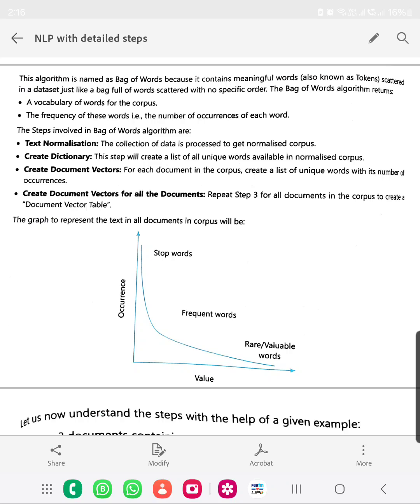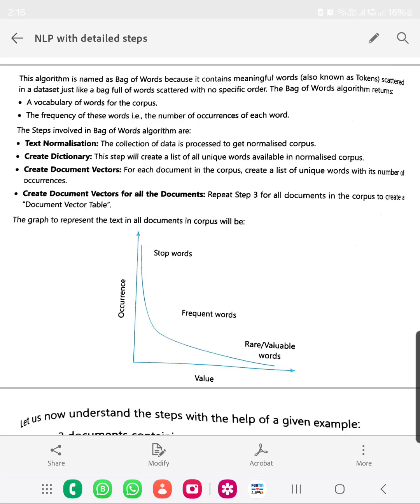But if the sentence is "Hello, how are you? I have been looking for you," then hello, how and are are used one time, but you is used two times. So the occurrence of you is twice in this document.